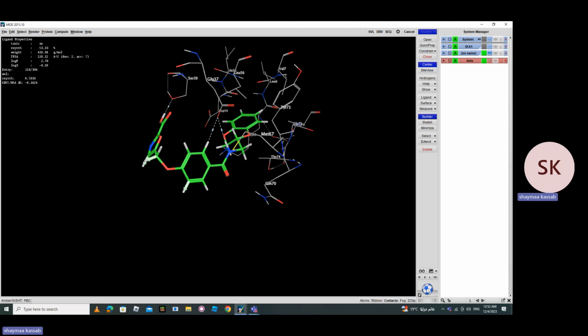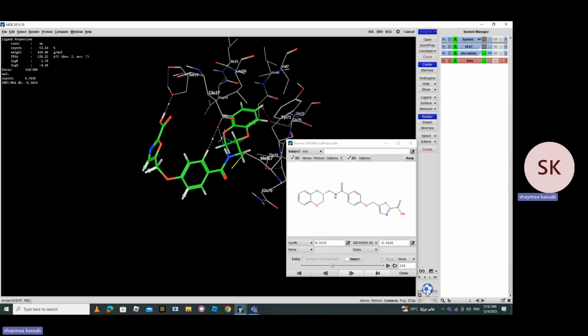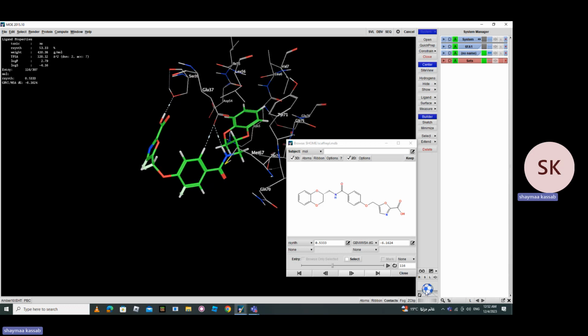I think this one is nice too. Now you have options to choose one and leave the other. Here we have two more bonding forces, which is very nice. And for the pharmacokinetic, the log B value and log S value, I think it's not bad.